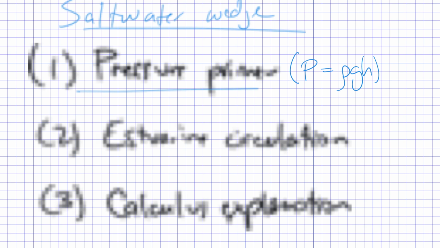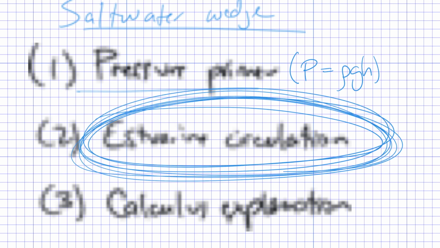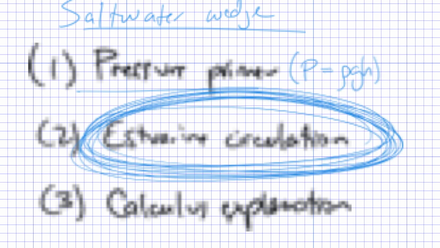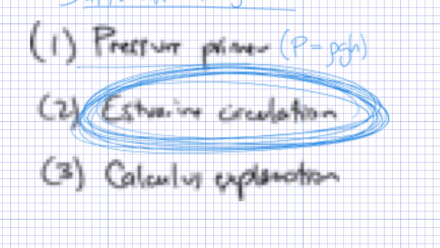Okay, but this one in particular, we're going to talk about this estuarine circulation. For me, that is what is defining the saltwater wedge and where the wedge comes from. And then this last one, I'm basically going to do this video again, but with calculus.